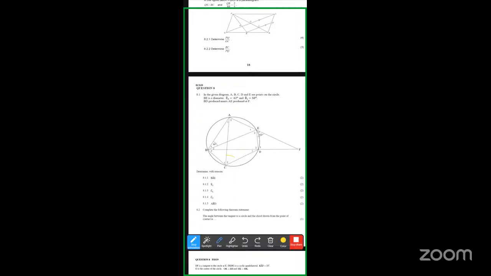Yes, sir. Okay, then what about 8.1.5? Then it wants ABD. Where's ABD? Oh, nice one. Then what about ABD? Can you find that one? Is there anyone with an idea?